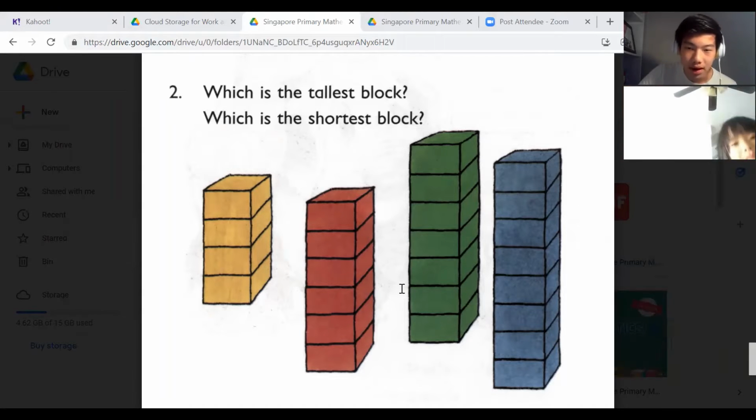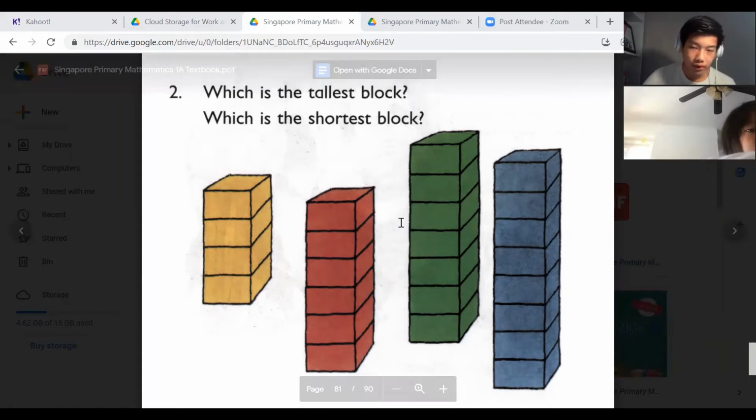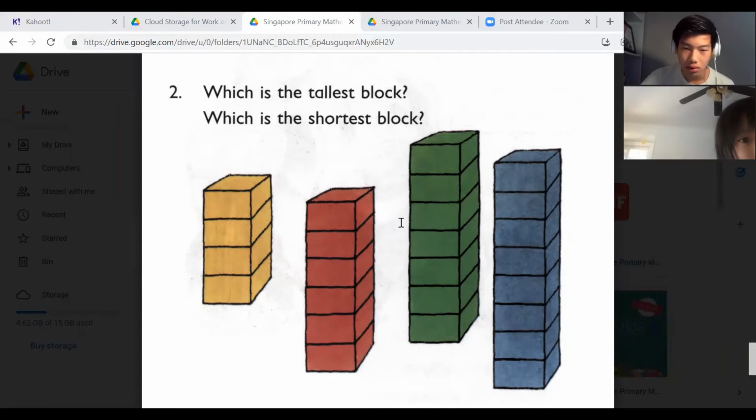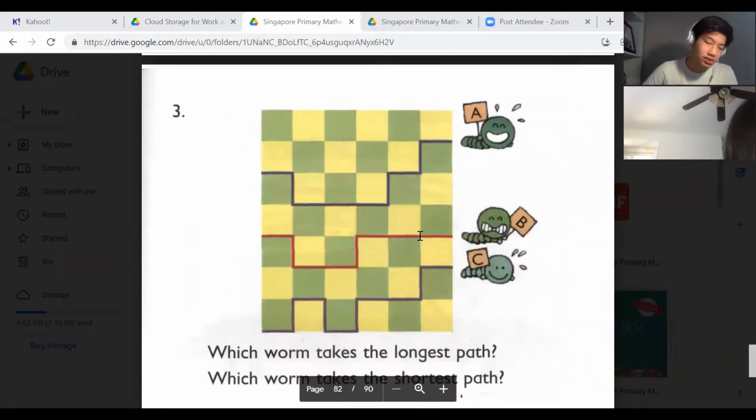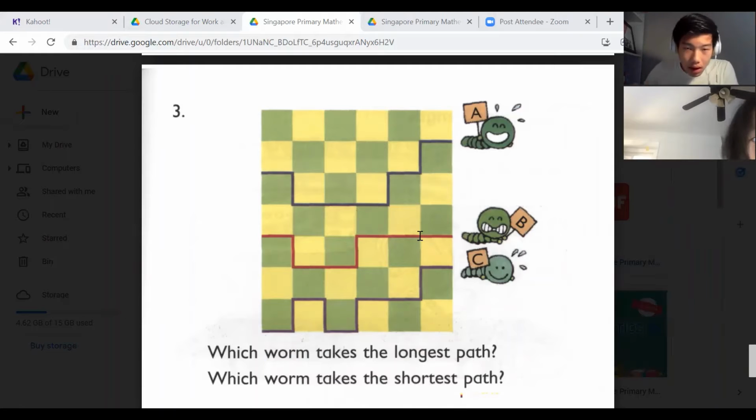Correct. Great job. Okay, now is the green one taller or the red one? Is the green one taller than the red one? Yes, the green one is taller. Nice job. Okay, now this one is a bit tricky.